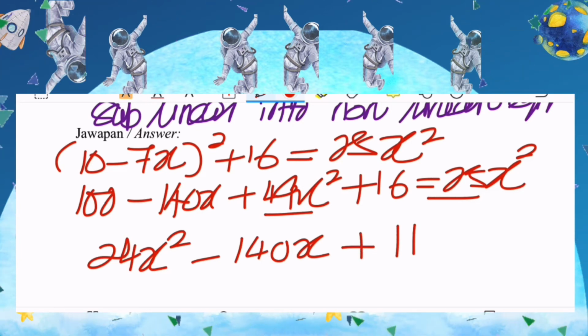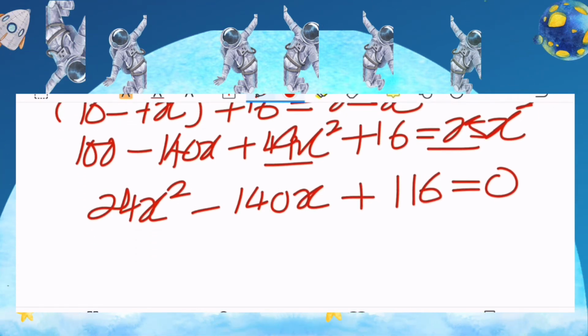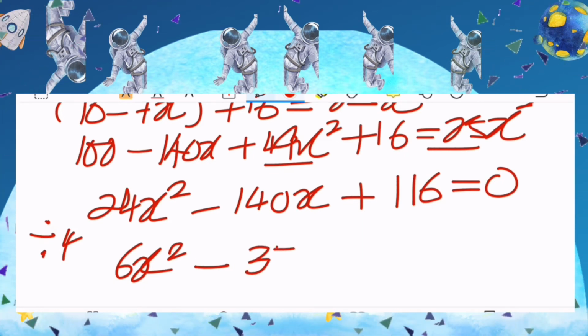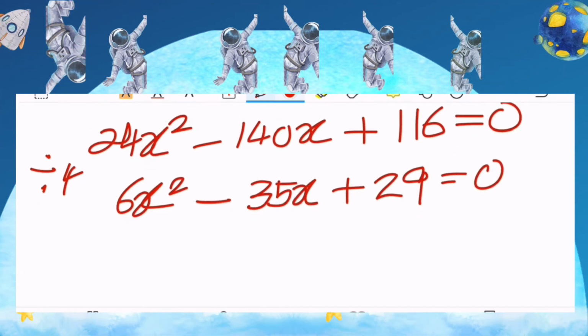Always make sure the quadratic equation is in general form and in its simplest form, with the coefficient of x squared positive. So we divide by 4 for every term. We will get 6x squared minus 35x plus 29.